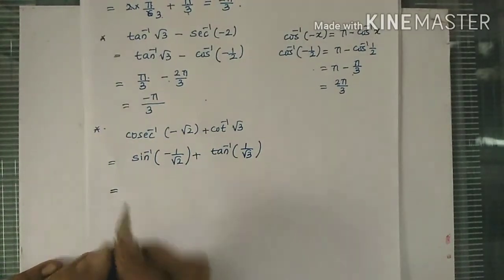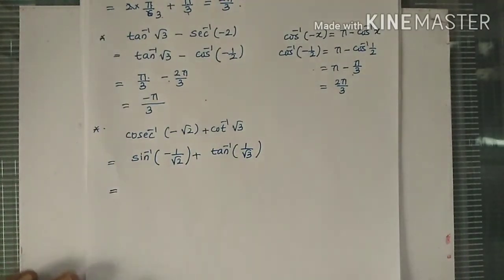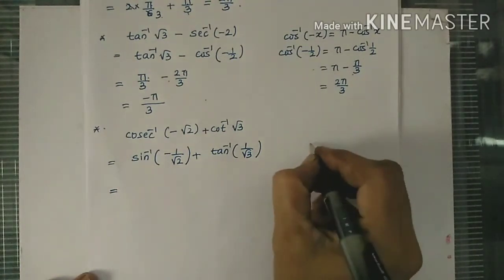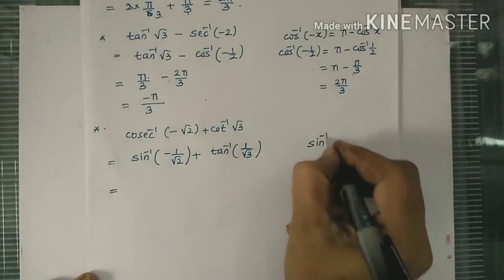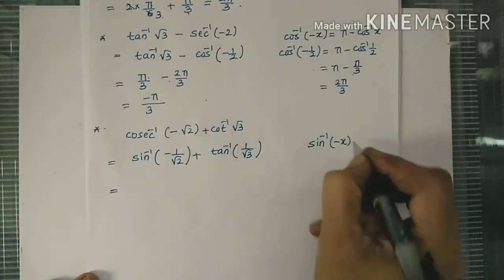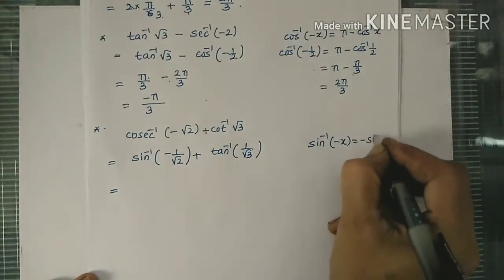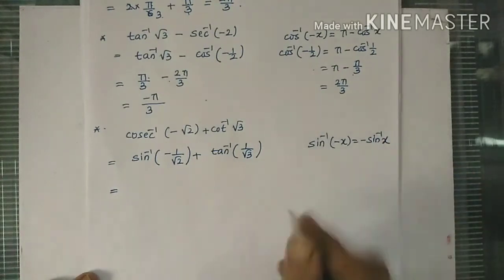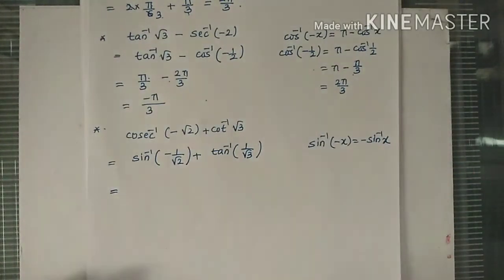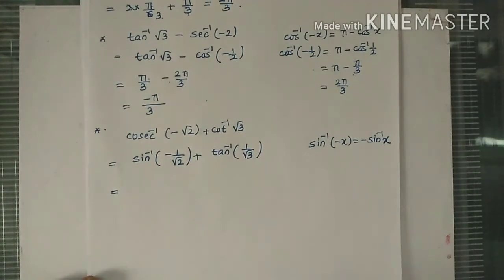Now for sine inverse, what is the angle for which we have the sine ratio minus 1 by root 2? See, for sine inverse, it's really very simple. Sine inverse of minus x is minus sine inverse x. In the next video, I am listing the properties of inverse trigonometric functions.